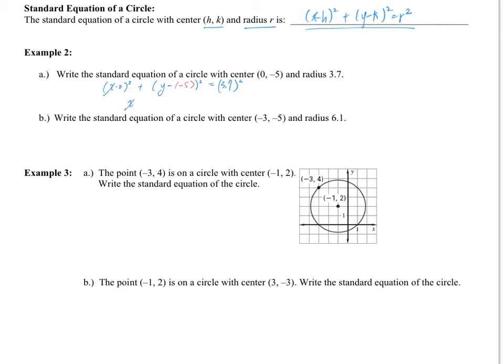Now I'm going to simplify: x² + (y + 5)² = 13.69.